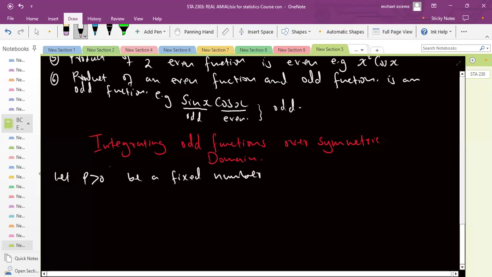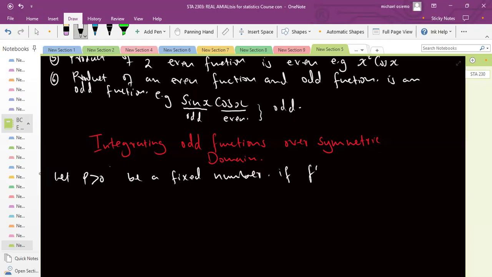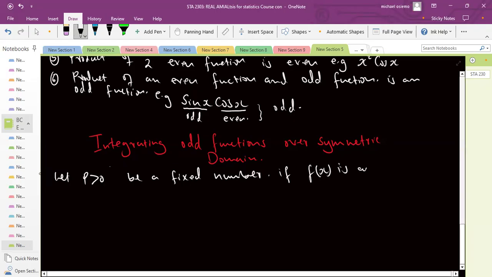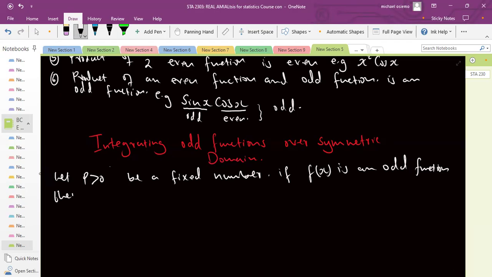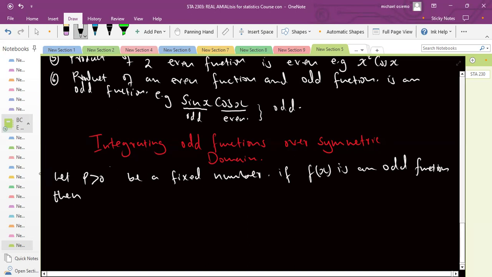If f of x is an odd function, then the integral from negative p to p of f of x will be equal to 0.